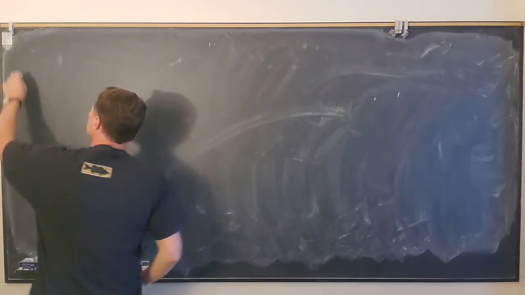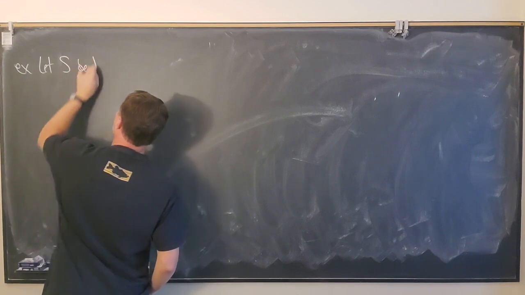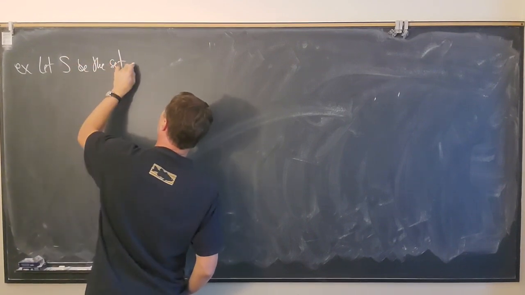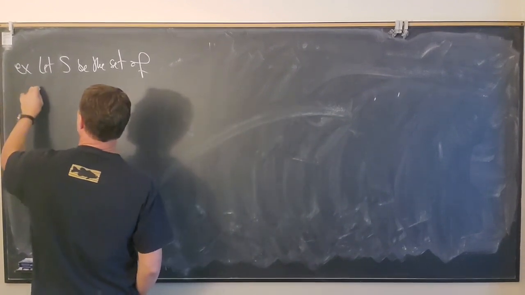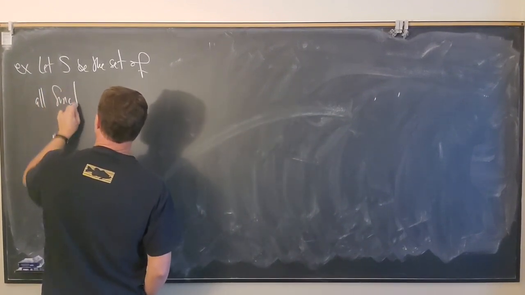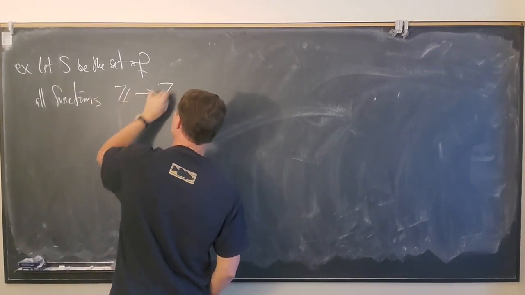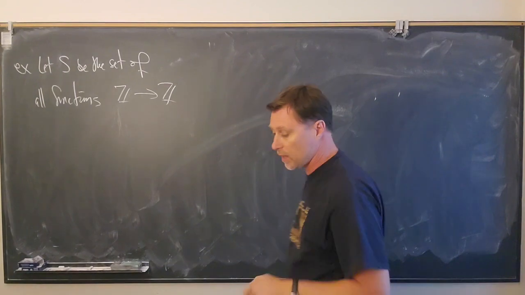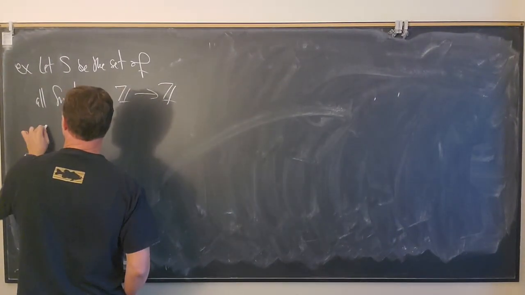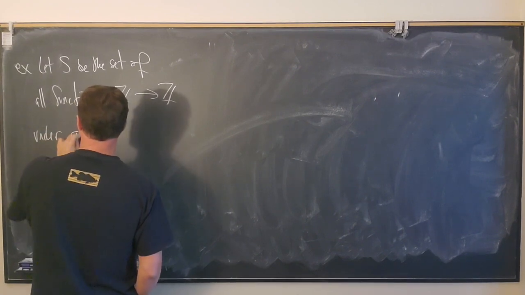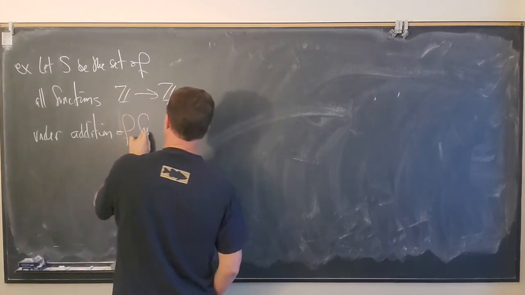So, some more examples. Let S be the set of all functions from Z to Z. Okay, so there's our set, and we want to create a group, so it'll be under the operation of addition of functions.